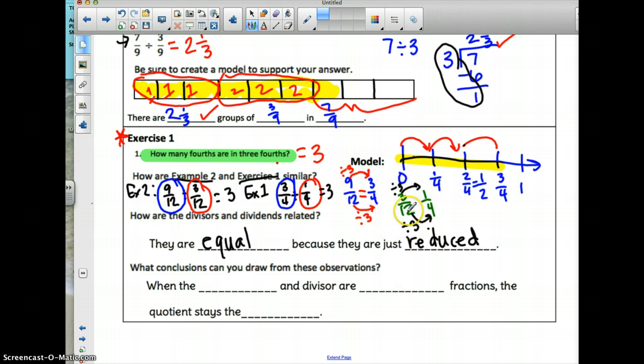If you have any questions, raise your hand and let me re-explain this in a different way. What conclusions can you draw from these observations? So you ready?